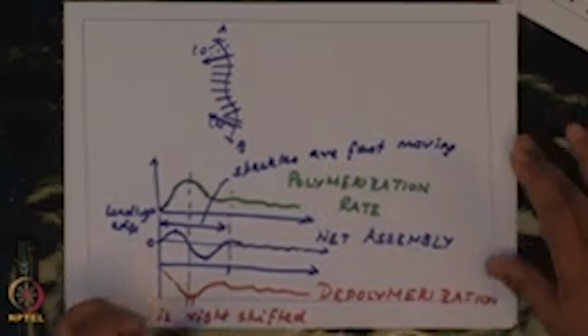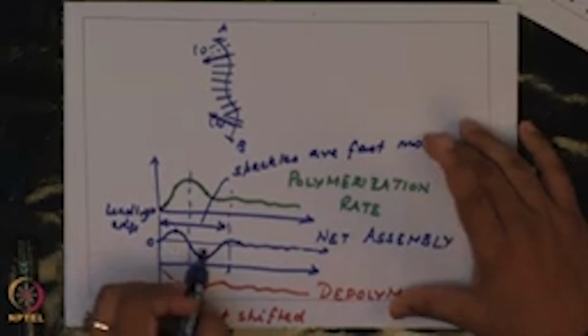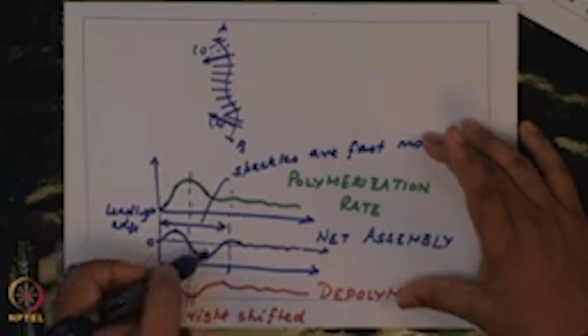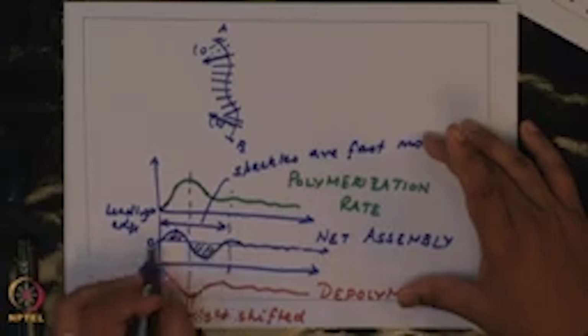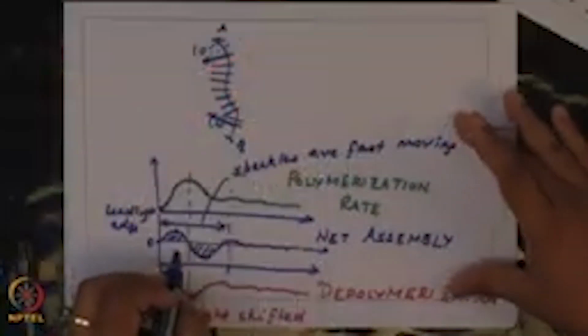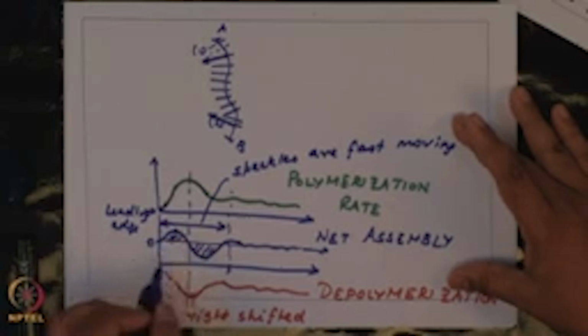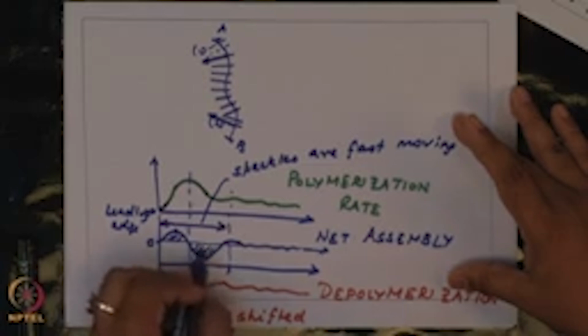If you look at this curve, it looks like a sine curve, with a positive part and an almost symmetric negative part. If you take the area of these two curves and sum them together, you will get 0, suggesting that the material required for polymerization at the leading edge is provided by the depolymerization of filaments slightly backward.